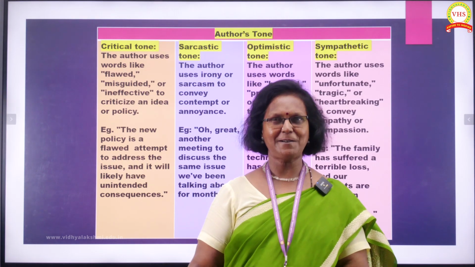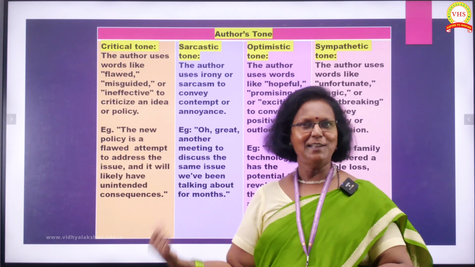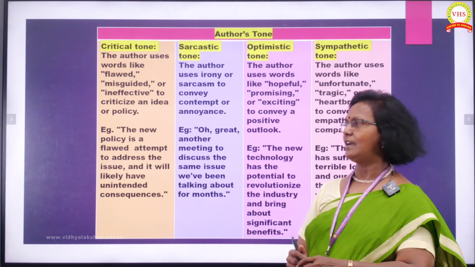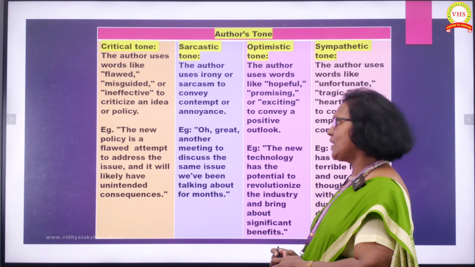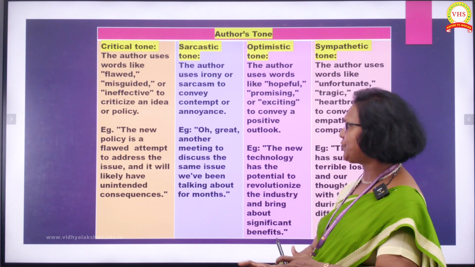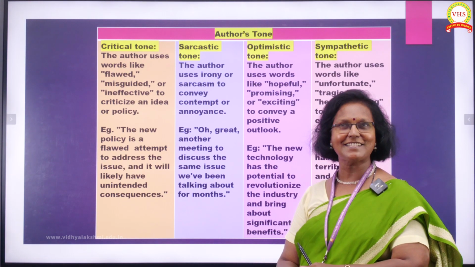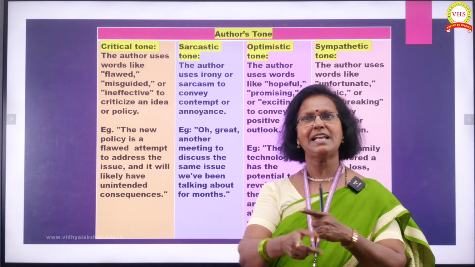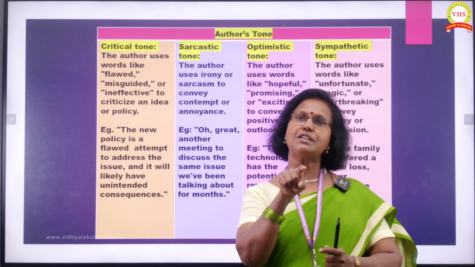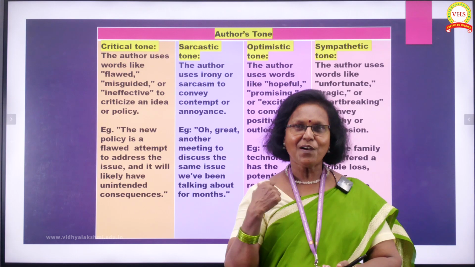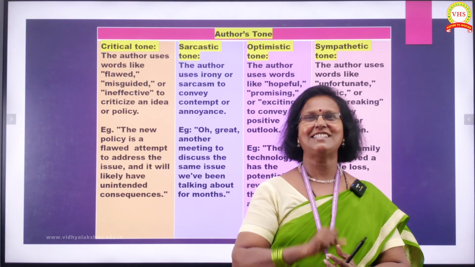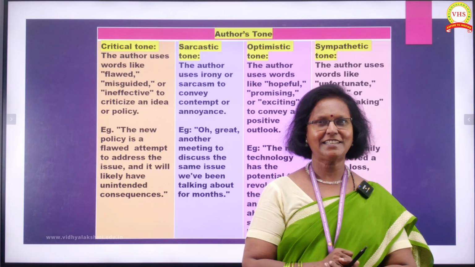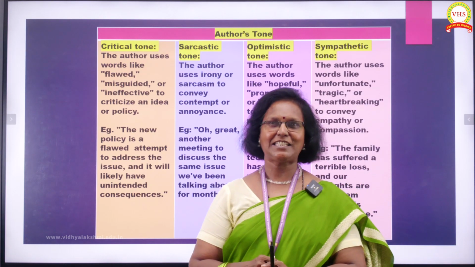When you want to express that, then you do it. Look at the example which is given here. Oh, great. Another meeting to discuss the same issue we have been talking about for months. So what is it? Actually, we cannot have meetings again and again for the sake of the same problem. So the author is sarcastic. Got it?